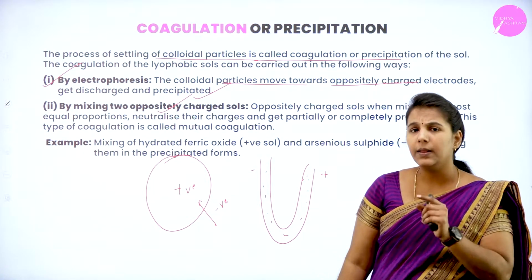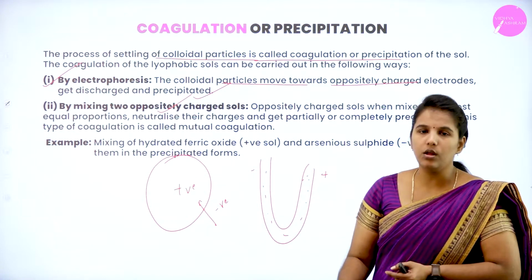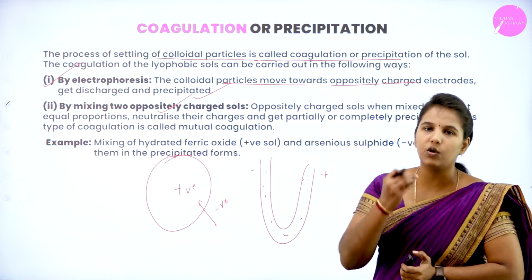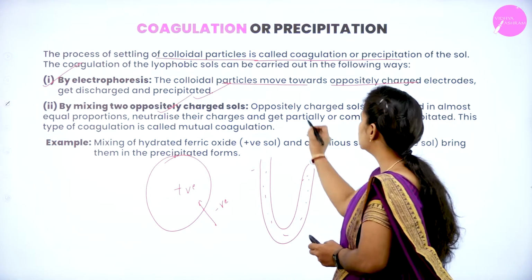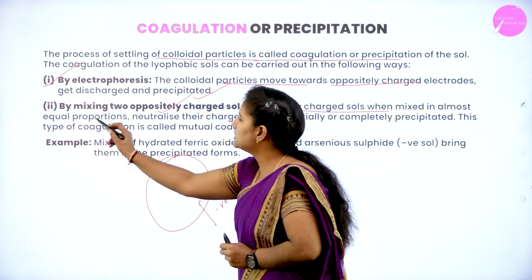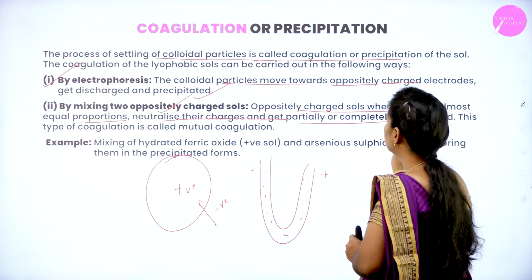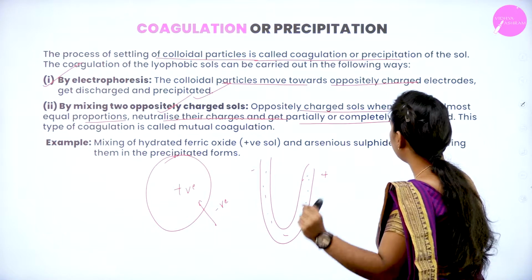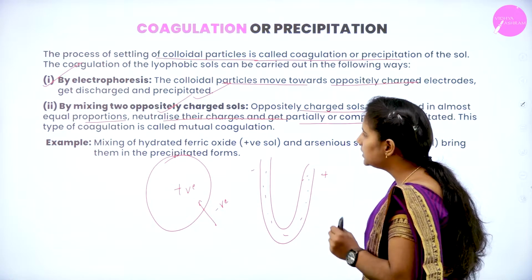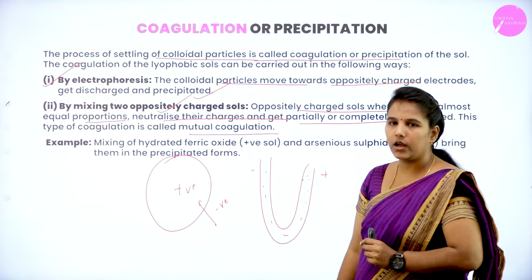This is how by mixing the two different charges we can settle down the colloidal particles. So oppositely charged sols are mixed in almost equal proportion, neutralize the charges, and get partially or completely precipitated. This type of coagulation is also known as mutual coagulation.